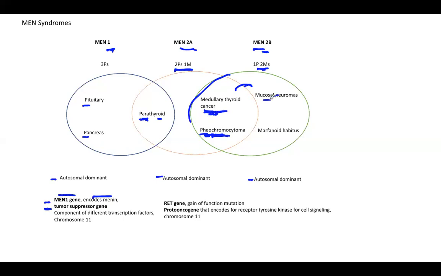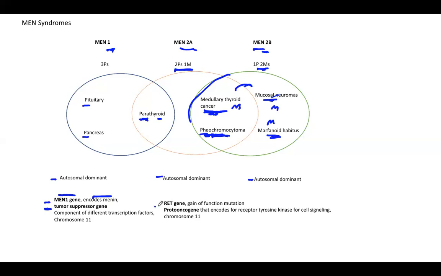And then the other M is mucosal neuroma and marfanoid habitus. Mucosal neuromas are lesions in the oral cavity, in the mucous membrane, and marfanoid habitus is long stature, long limb bones. So it's actually three M's probably. This is one M, this is one M, and this is one M, but it says one P and two M's.